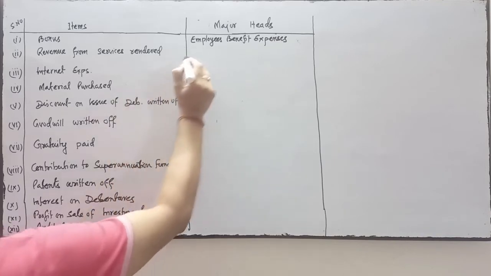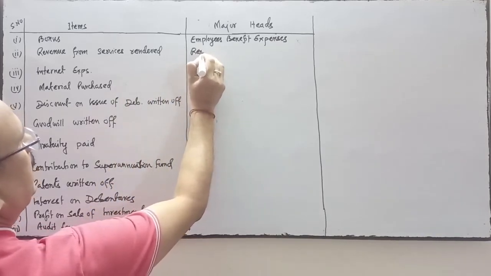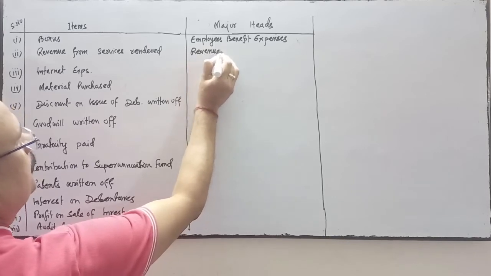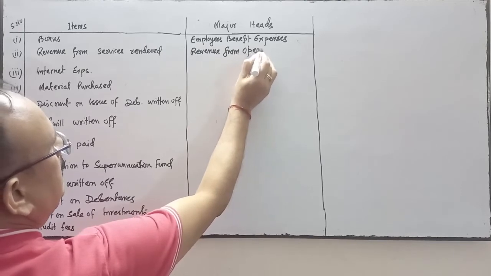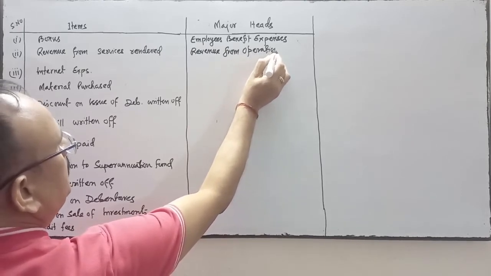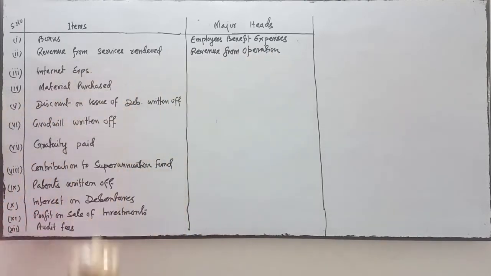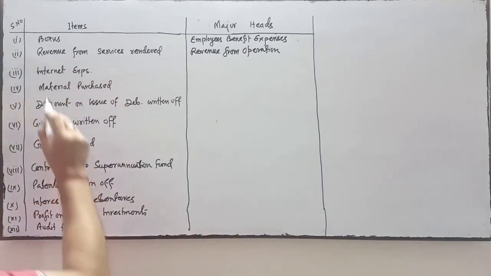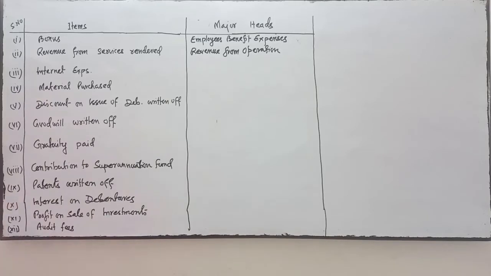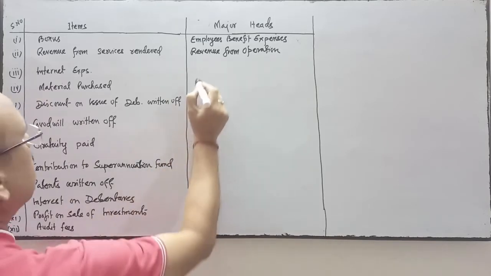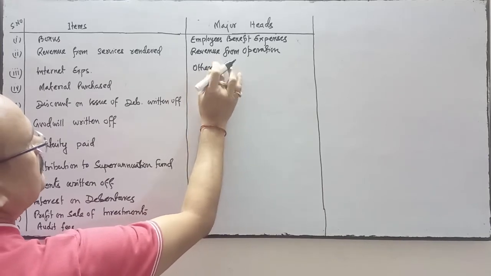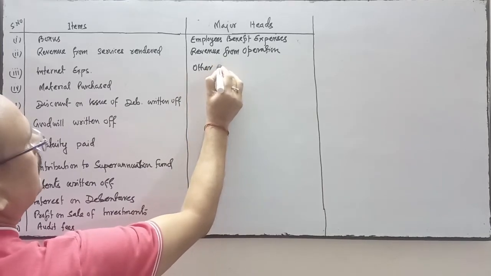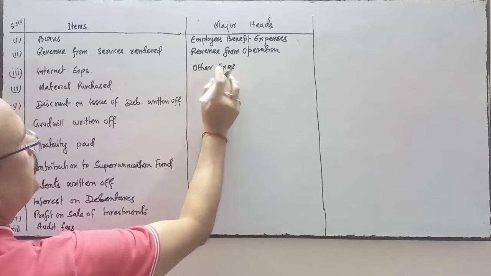This will come under revenue from operations. Is it clear? Revenue from operations is the main business, revenue from services rendered by the company. Internet expenses comes under other expenses.